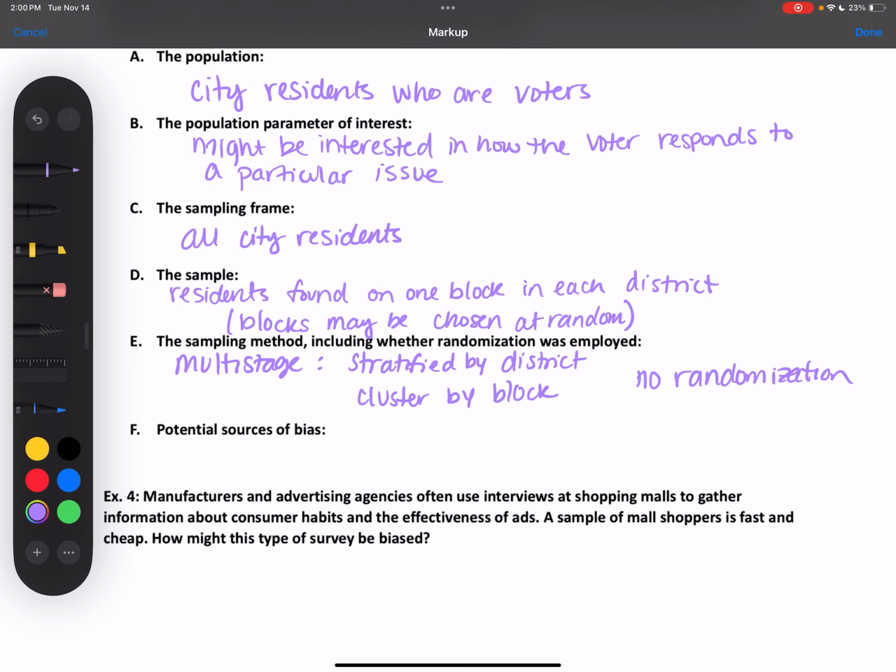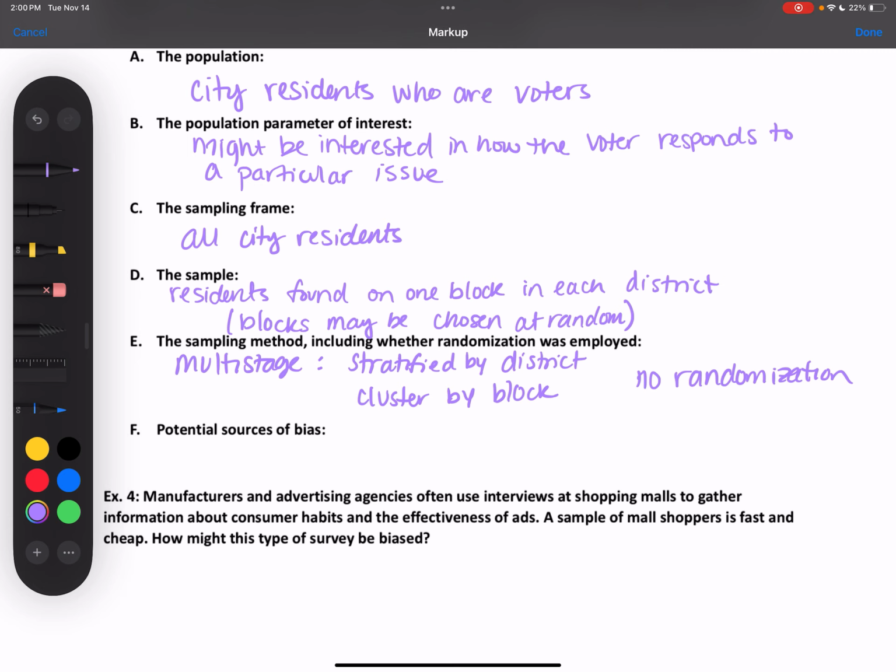Somebody said undercoverage. Did you say undercoverage? Probably not as much since it's for each district in the city, a block for each district. Yeah, I mean, it could be, though, because not every block is the same. They're only going to one block in each district, and we don't really know how big the district is. I mean, if the district is made up of 5 blocks and they chose one, it's probably a decent representation, so you could justify that.